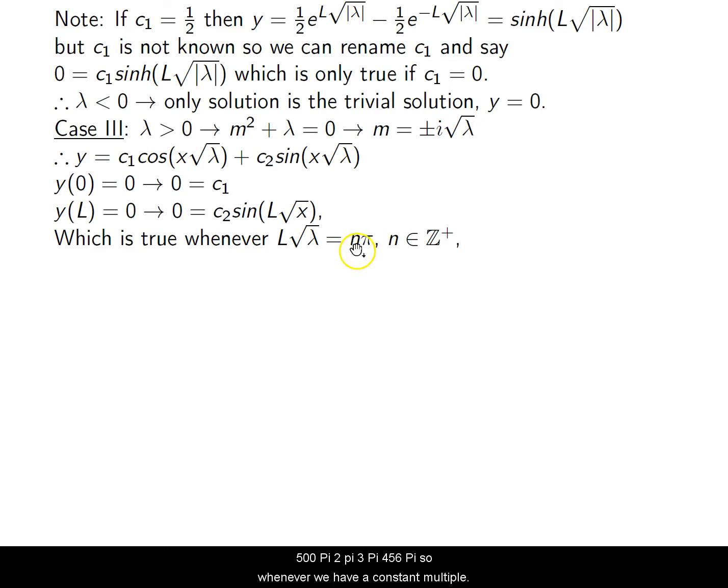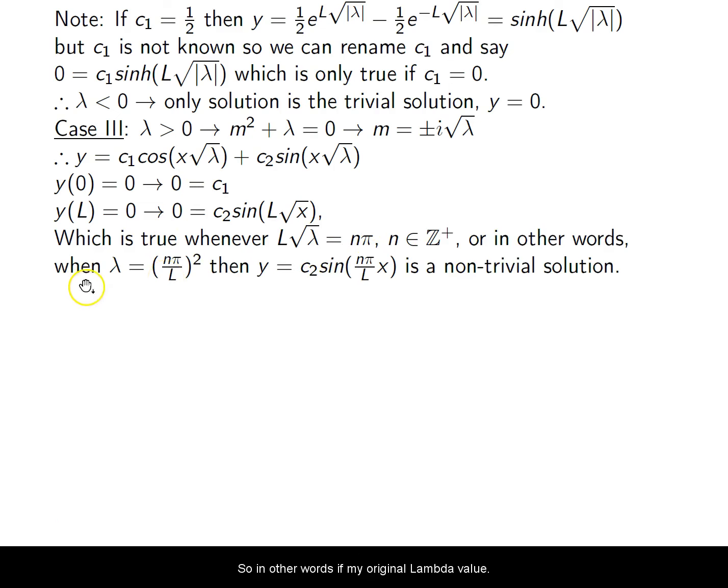So whenever we have a constant multiple of pi, where n is a part of the positive integers, Z is the integers, and the plus makes it the positive integers. Whenever this is 1 pi, 2 pi, 3 pi, 4 pi, 5 pi, 20 pi, whatever, this will be 0. Again, this L lambda should be lambda, not an x. Whenever L times lambda is a multiple of pi, we get out 0.